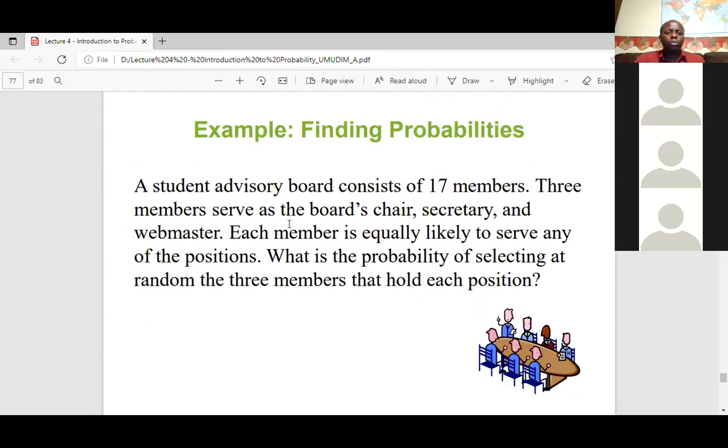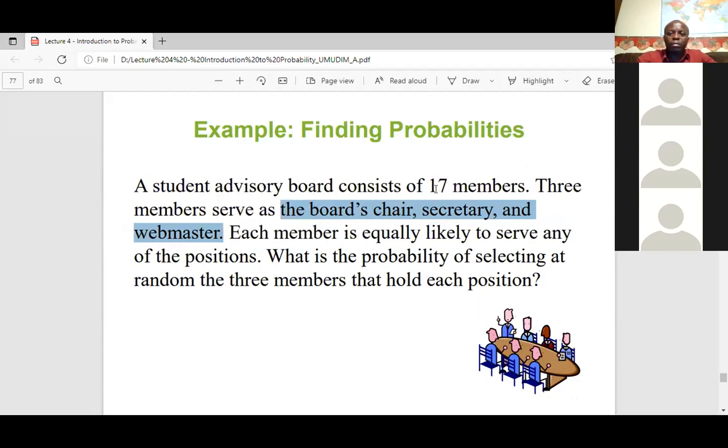It says a student advisory board consists of 17 members. 3 members serve as the board's chair, secretary, and webmaster. Each member is equally likely to serve in any position. What is the probability of selecting at random 3 members that hold each position? So there's a specific order here: a board chair, secretary, and webmaster, in that order.